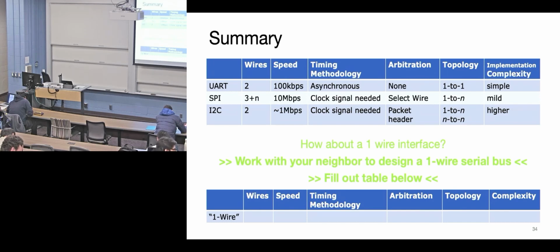I think this one has to do with how to be asynchronous. SPI requires two wires. I2C is one wire.